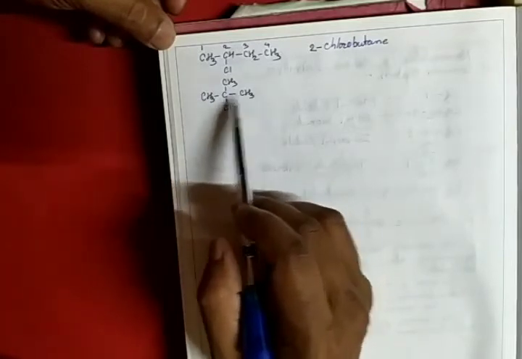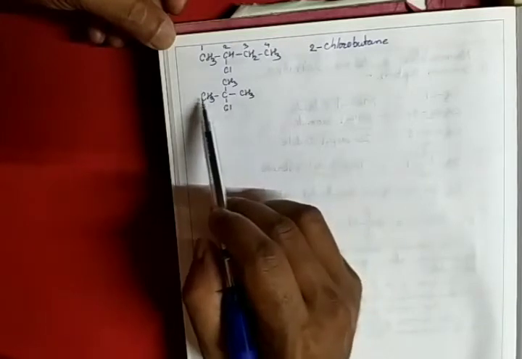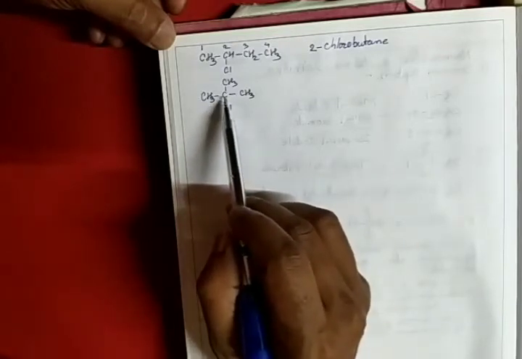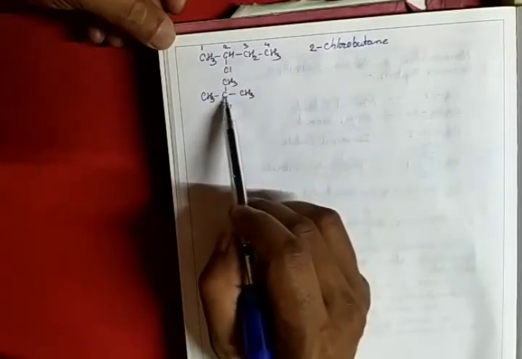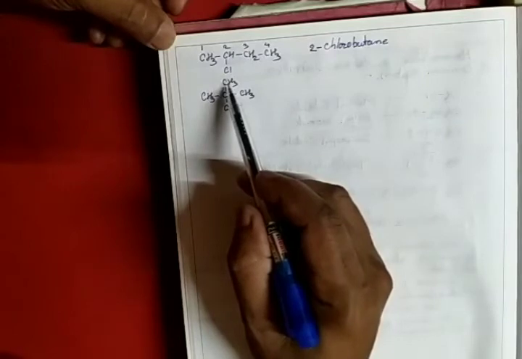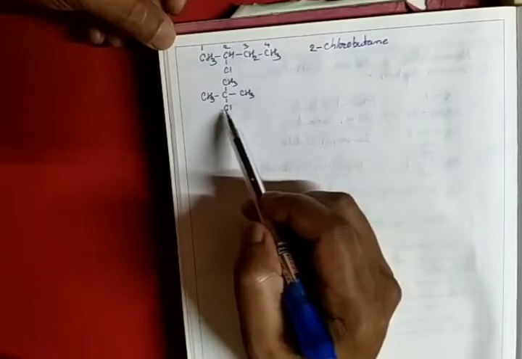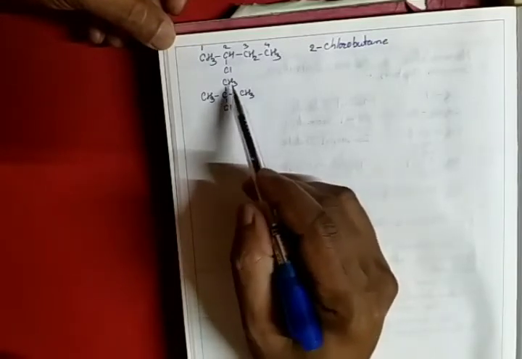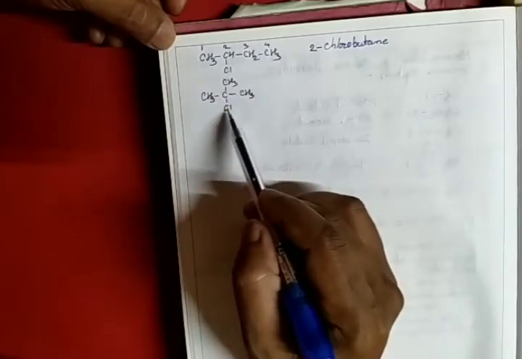This is a straight chain, and the halogen is attached to the middle carbon atom, and a methyl is also attached there. So there are two substituents, this methyl and this chlorine, one of which is the functional group. This group is called methyl, and this is chloro.